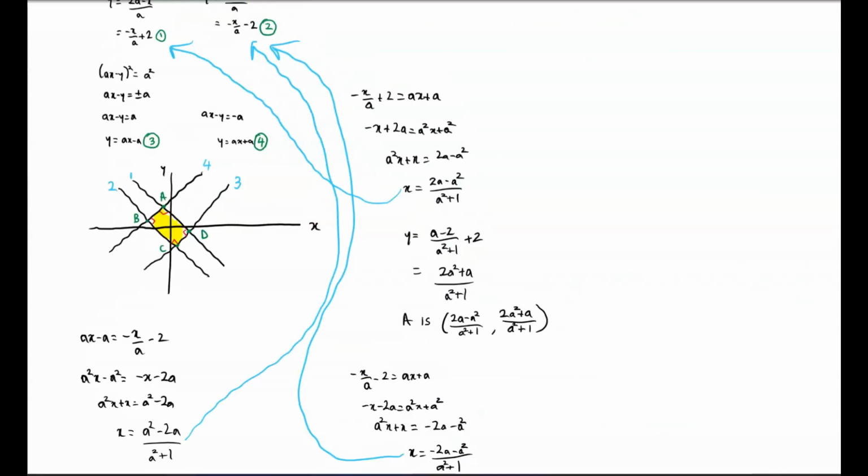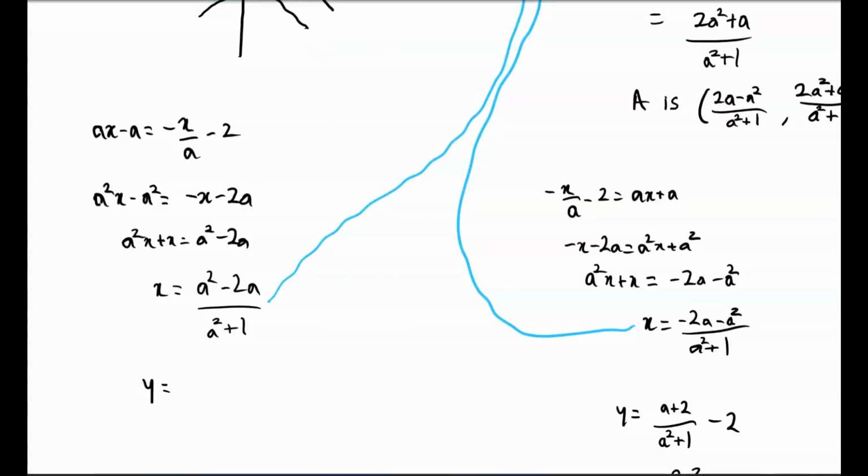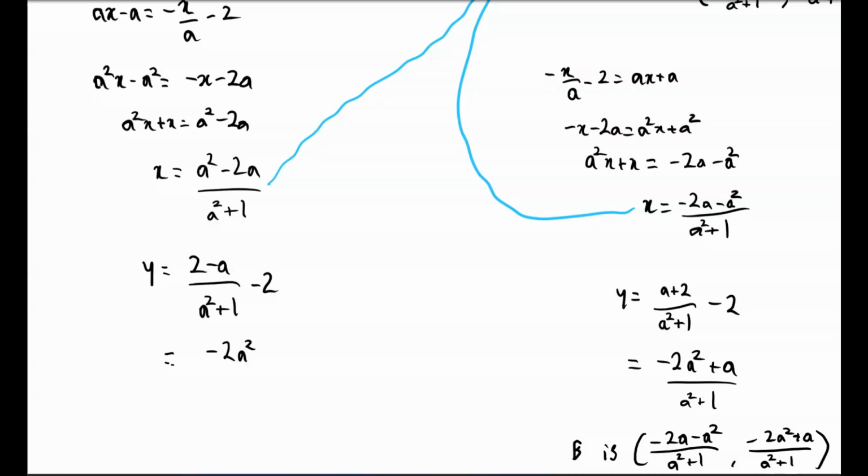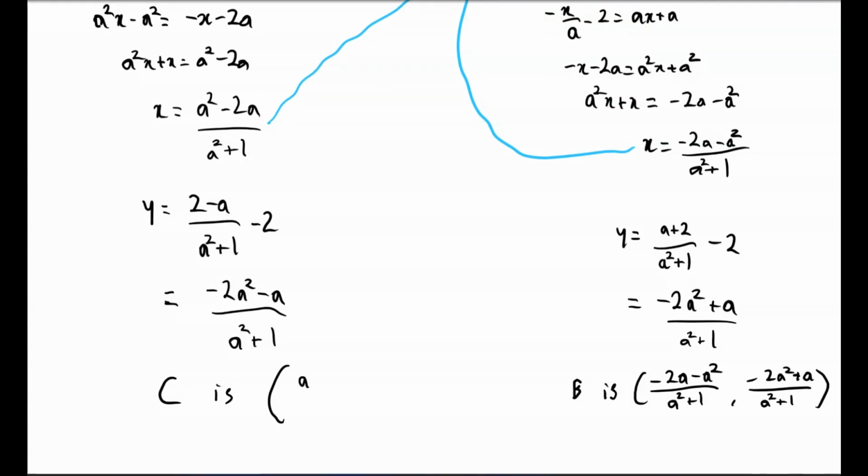Subbing back into equation 2, we get y is equal to 2 minus a over a squared plus 1 minus 2, or minus 2a squared minus a over a squared plus 1. So we have that C is a squared minus 2a over a squared plus 1, minus 2a squared minus a over a squared plus 1.